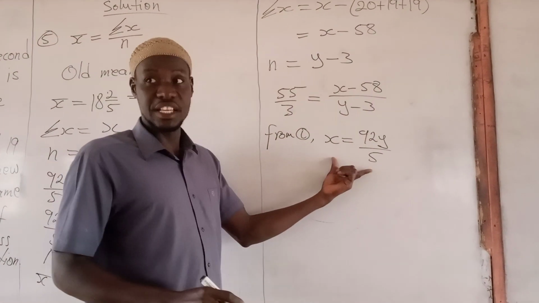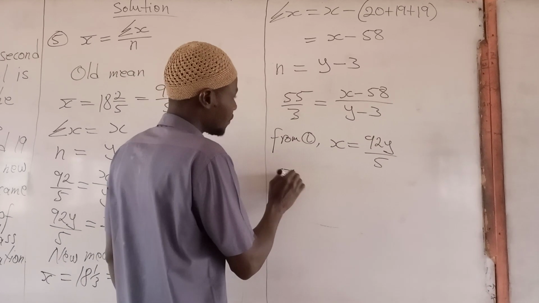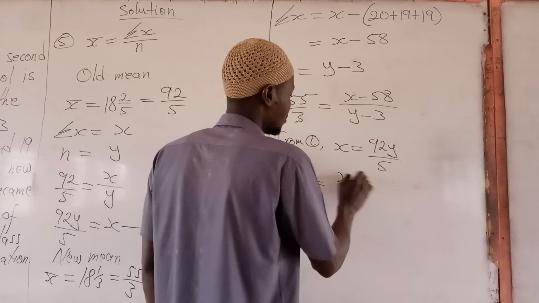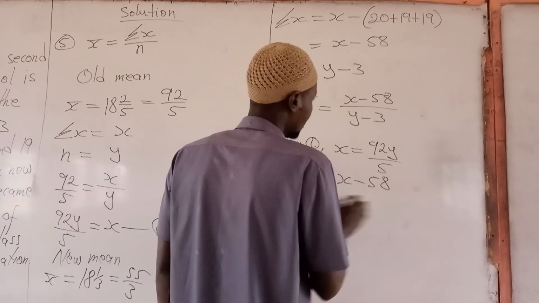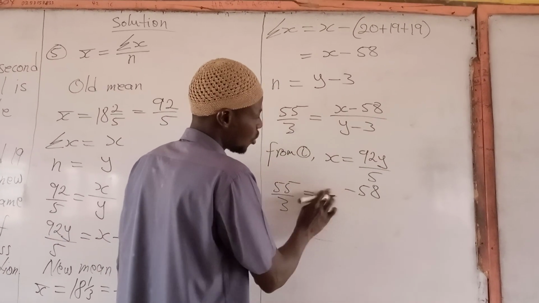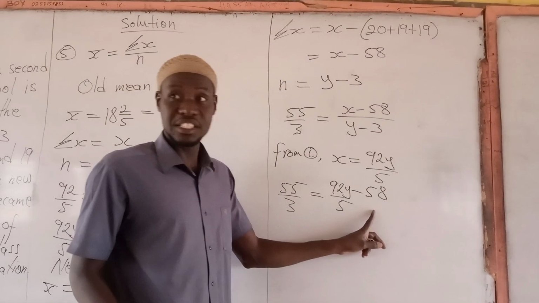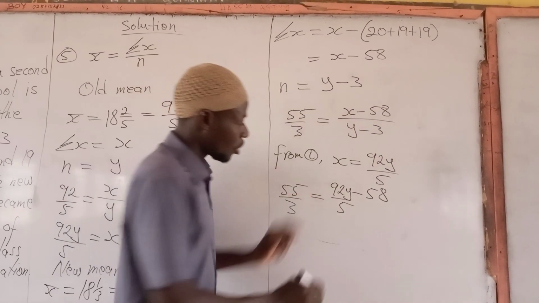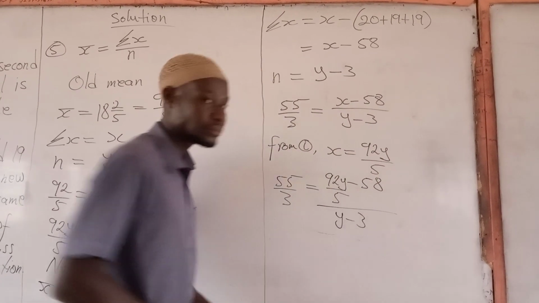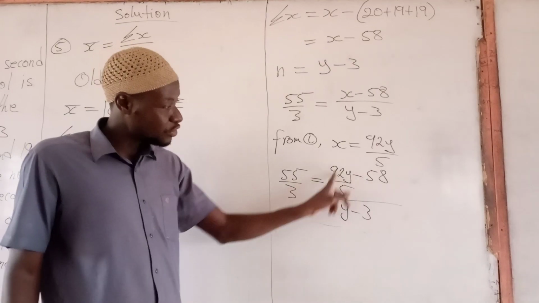And so if x is this, substituting that in place of x here will give us 55 divided by 3 being equal to 92y divided by 5 minus 58, all divided by y minus 3. So we simplify this, first simplifying the numerator.